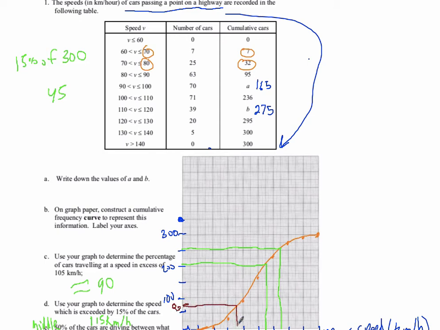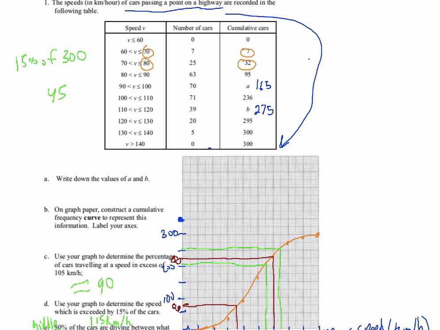We go down here, and that's 70, 80, about 85. And Q3 is across here and down, so that's about 70, 80, 90, 100, 110. So 50% of the cars are driving between 85 and 110 kilometers per hour.